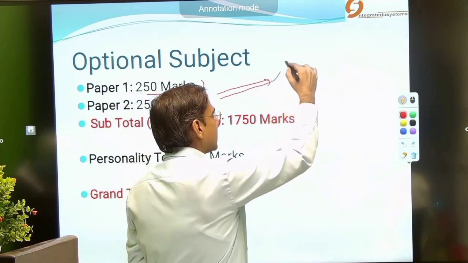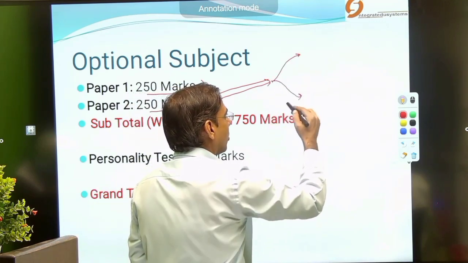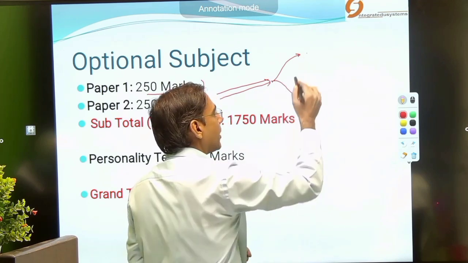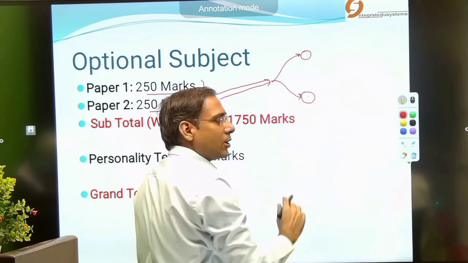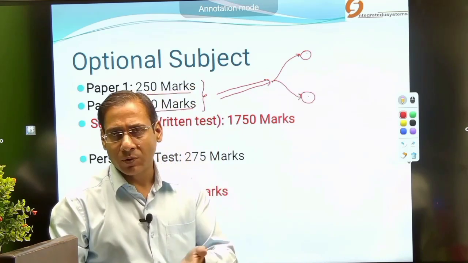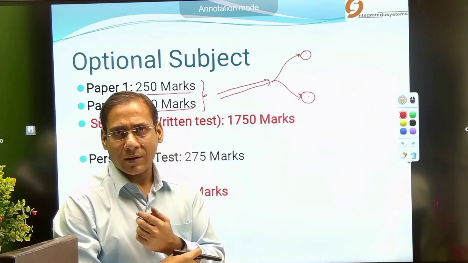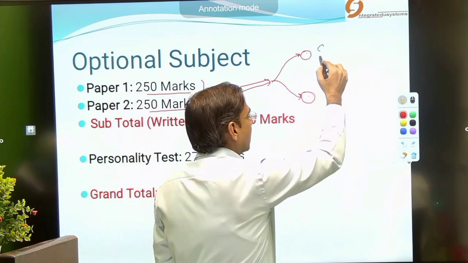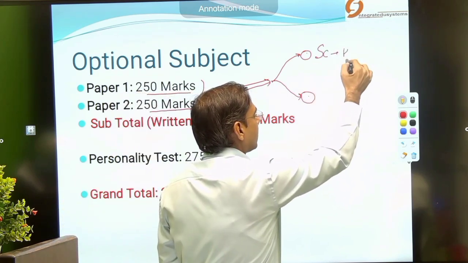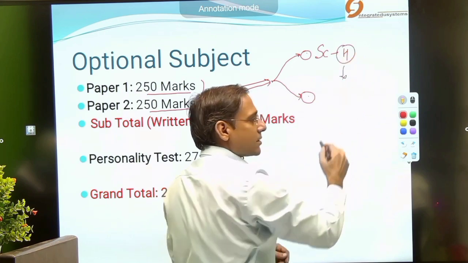Few candidates ask whether the optional must be based on their background, but that does not play a very crucial role, because we often observe that candidates who belong to the field of science generally opt for a humanities subject and crack this exam very easily.